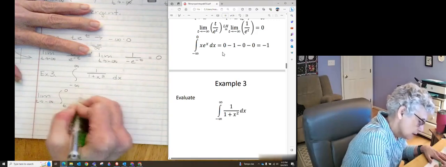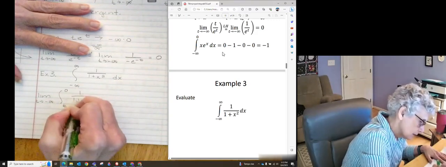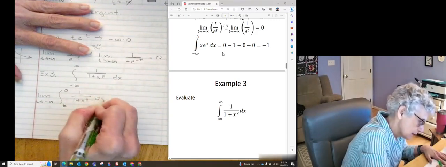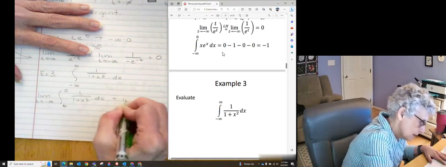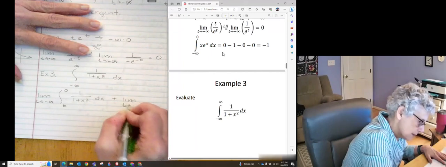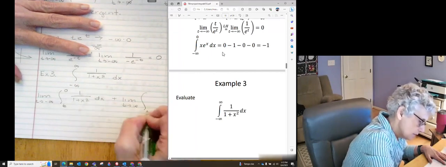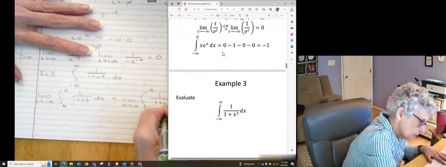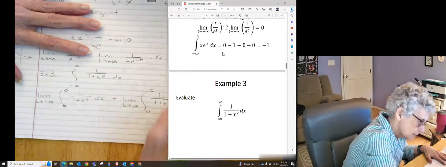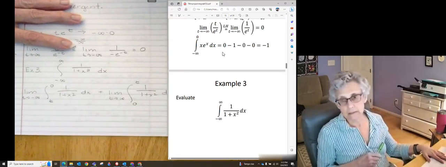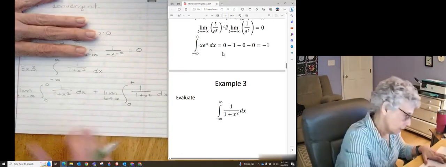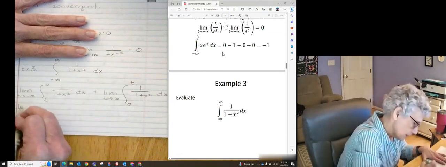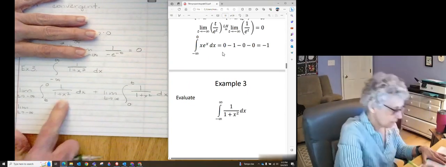So from t to 0 of 1 over 1 plus x squared dx plus the limit as t approaches positive infinity, 0 to t of 1 over 1 plus x squared dx. Alrighty, so limit as t approaches negative infinity.